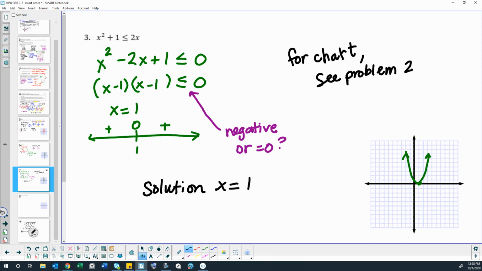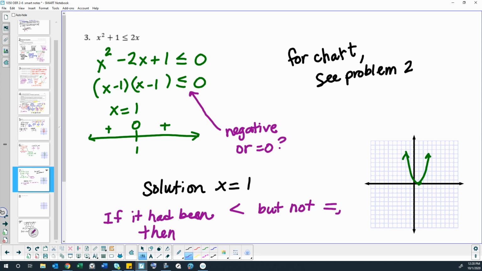Now I'm going to pose a different question to you on this one. What if it didn't have the equal sign? What if it was only less than? If it had been less than but not equal to, then nothing is below the x-axis.